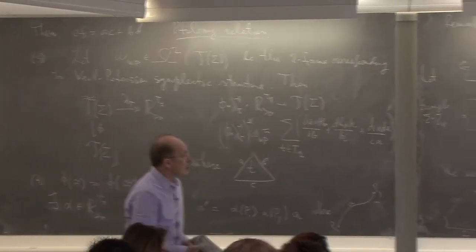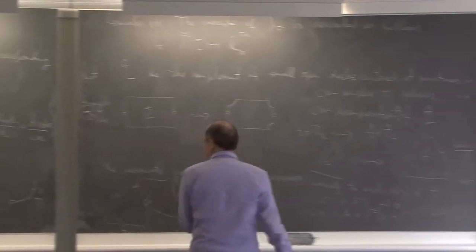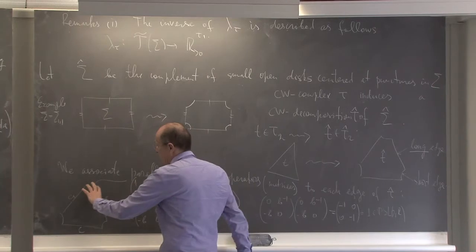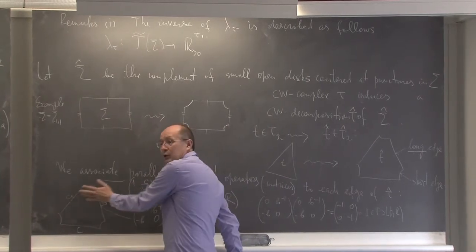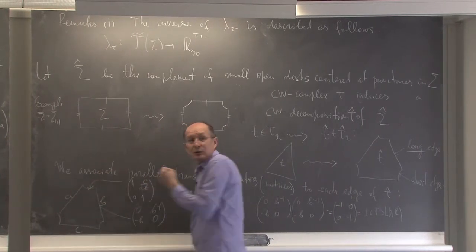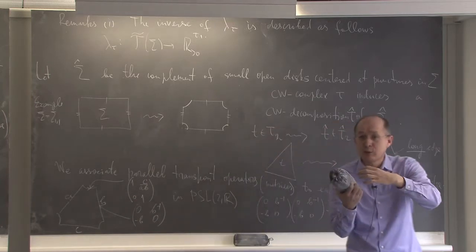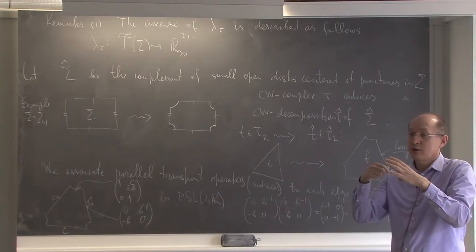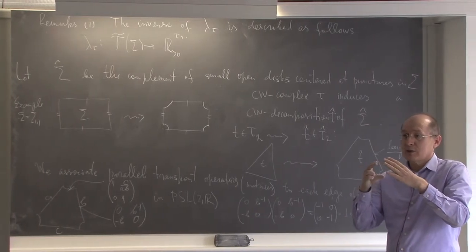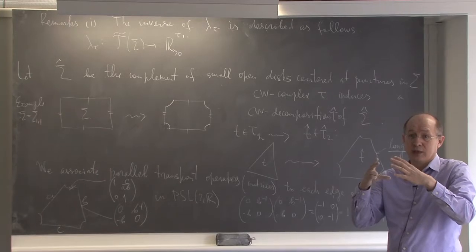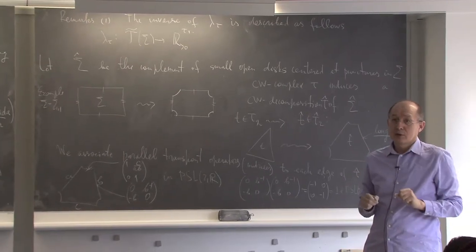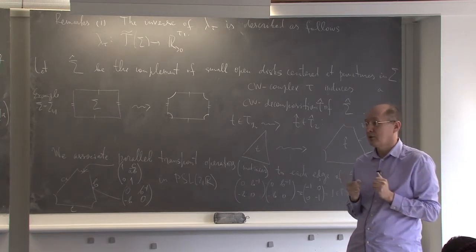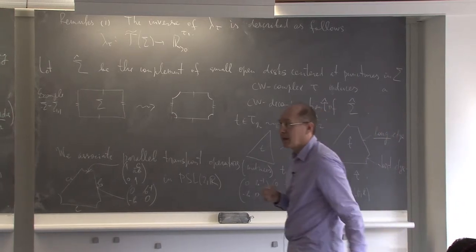So in this way, we get a representation of the fundamental group of the surface, because the surface retracts to sigma hat, right? Because we removed small disks centered at punctures, but punctures are removed, so they are not in the surface. So our surface deformation retracts to sigma hat. So the fundamental group of sigma hat is equal to the fundamental group of sigma.